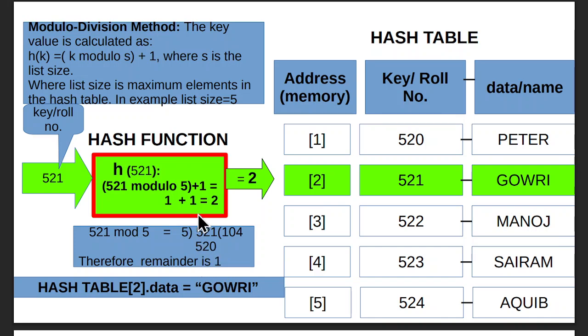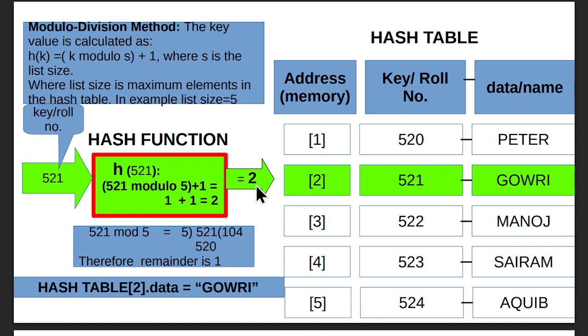To that I add plus 1. Whatever result I get, I'm always going to add plus 1, so that I get values from 1 through 5. If you don't add plus 1, then you get values from 0 through 4. Because I'm counting from 1 through 5, I'm going to add plus 1 to all the results, so that I can get values from 1 through 5.